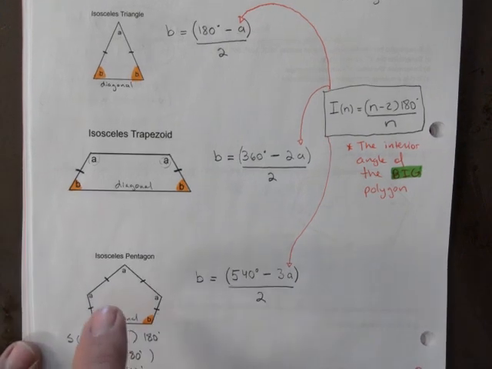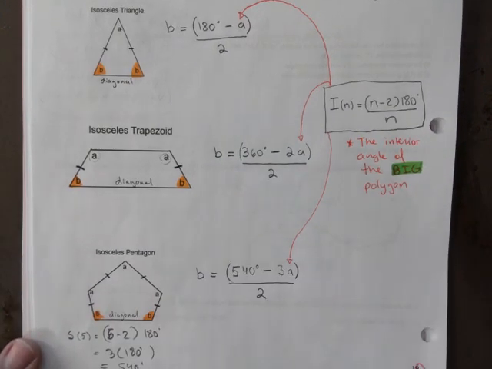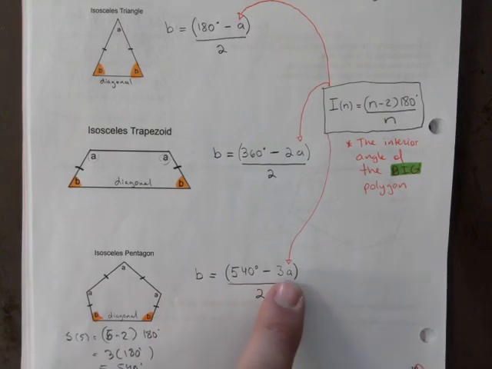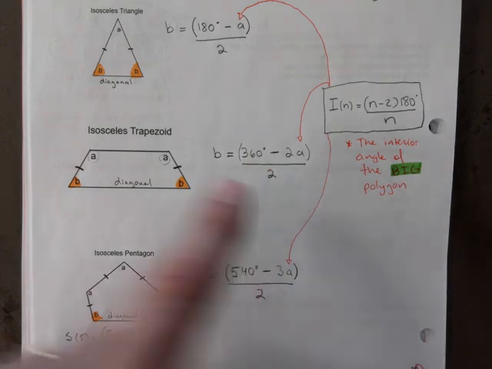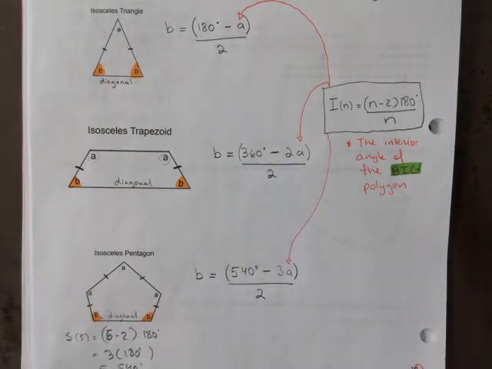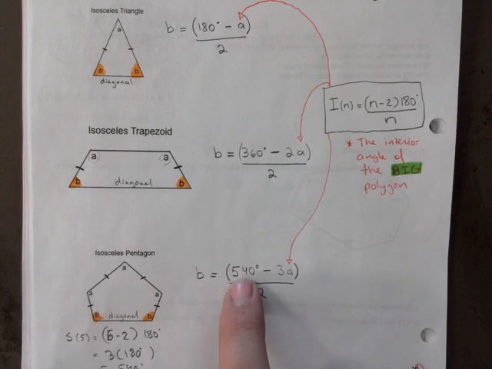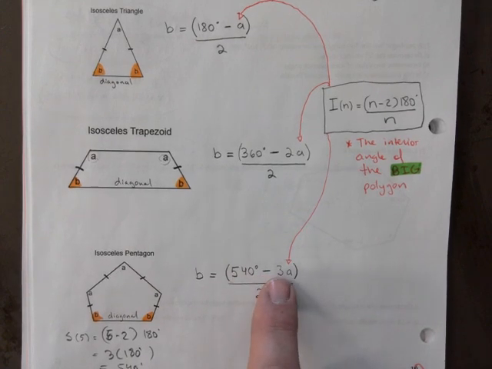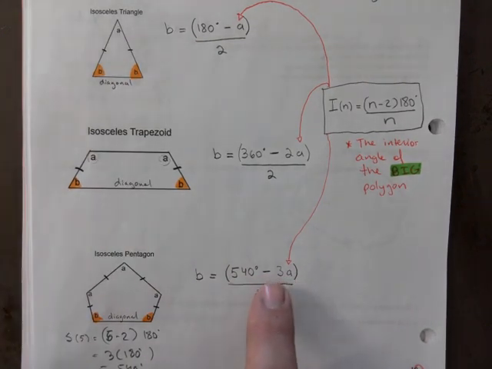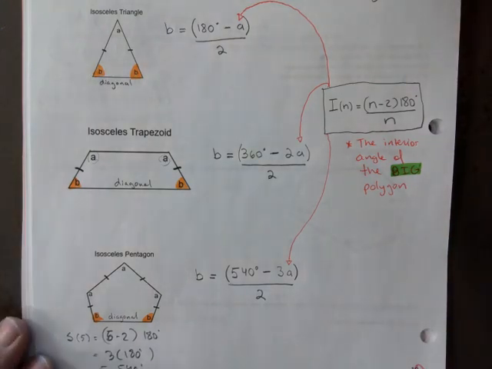So this pattern could continue, but these are the most common by far. You might have a bonus question that has more, but just remember the pattern, how I got these, and you'll be fine. If it had been a hexagon, it would be 720 minus 4a, and that pattern just continues.